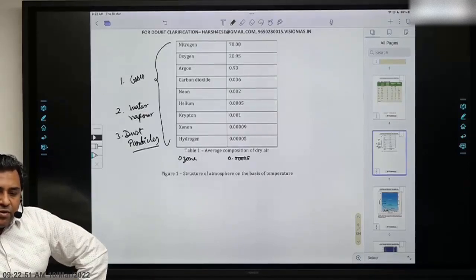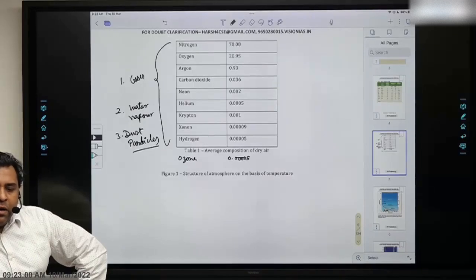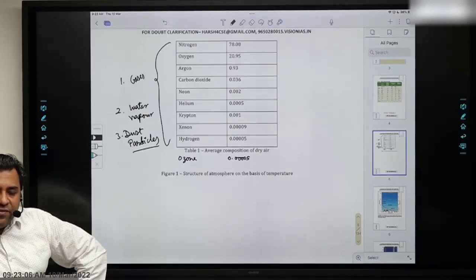Hence equatorial region has maximum, and polar region has relatively less.